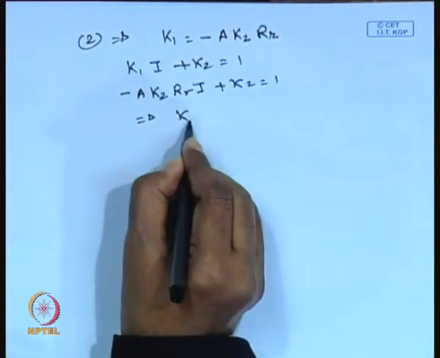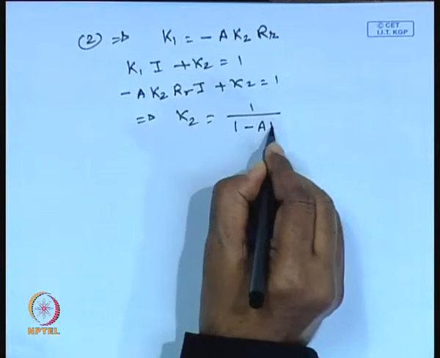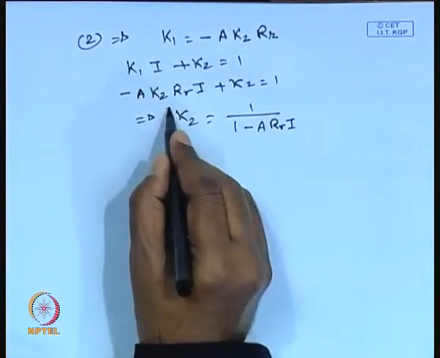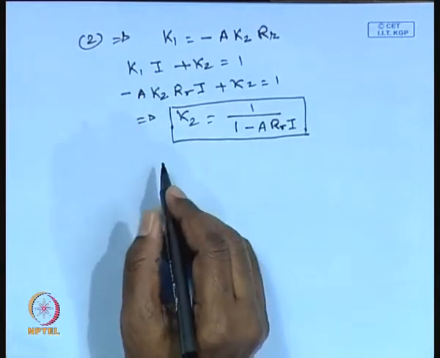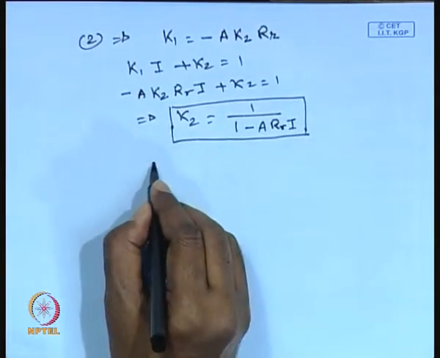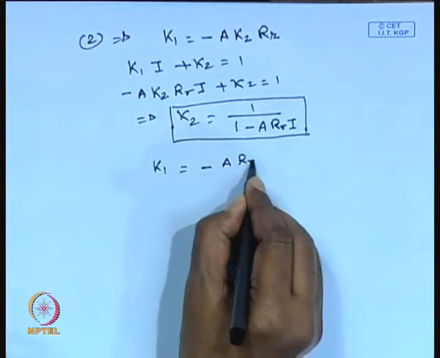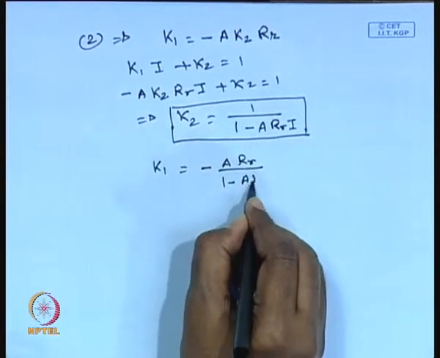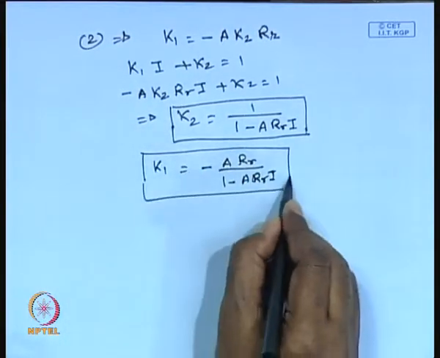So, therefore, k2 will be nothing but 1 by 1 minus a rr I. So, this is the expression of k2, and k1 is nothing but minus a rr divided by 1 minus a rr I. So, this is the expression of k1.